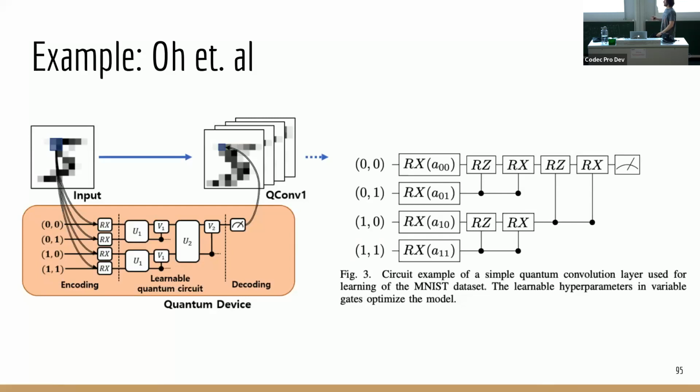You can see in this layer here, they're actually doing the angle encoding as I described in the diagram previously. And then this section of the quantum circuit is actually a parameterized circuit. And then finally, they are measuring just one of the qubits as an output. And they want this to be analogous to a classical convolution that you would use in a network like this.